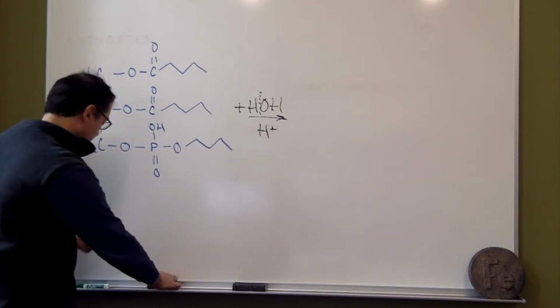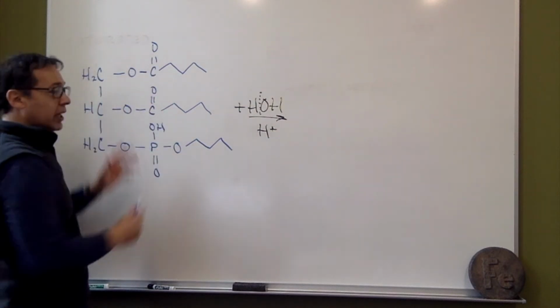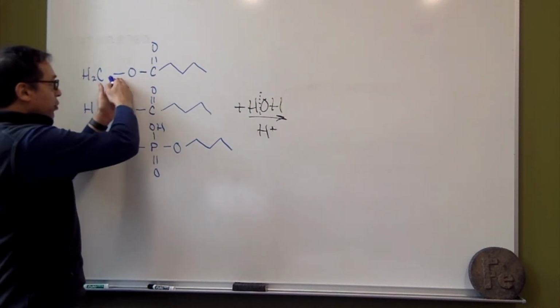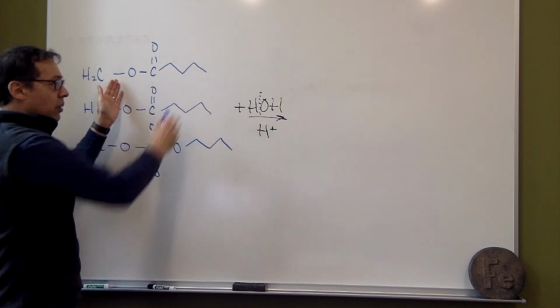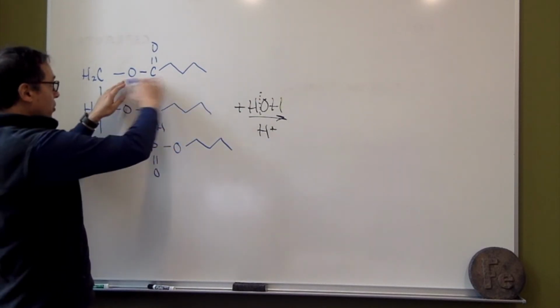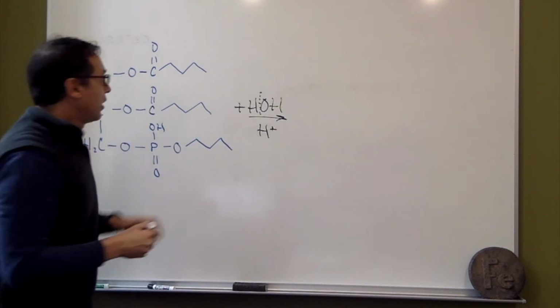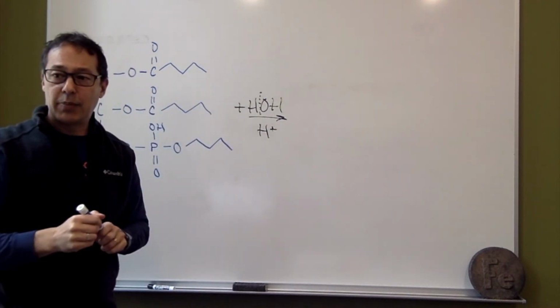Okay, so now I'm going to rewrite this as we're breaking this apart. In the last video, we saw that we could break these apart and form fatty acids. So we're going to break it right here, and then we're going to end up with a fatty acid up on top.